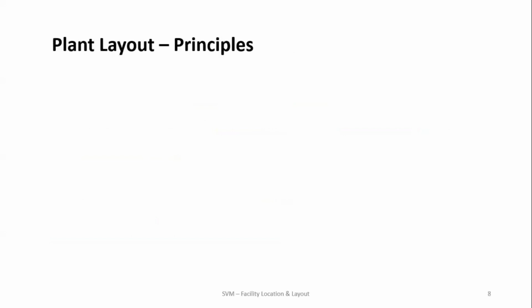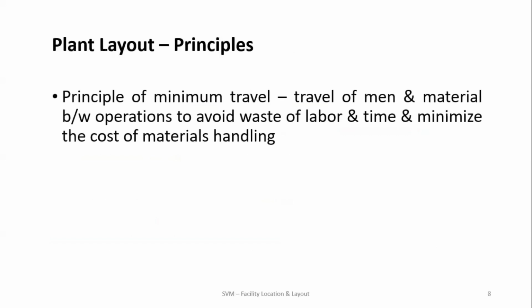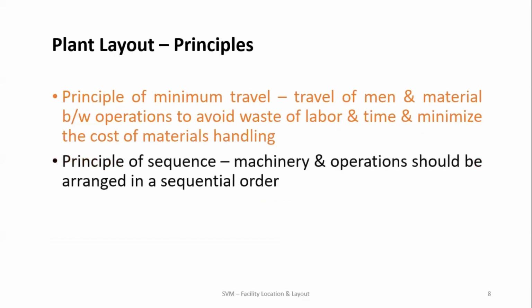What are the basic principles of plant layout? Principle of minimum travel. It is about both machineries as well as the manpower. Travel of men and material between operations should be minimized to avoid waste of labor and time and minimize the cost of materials handling. Principle of sequence.